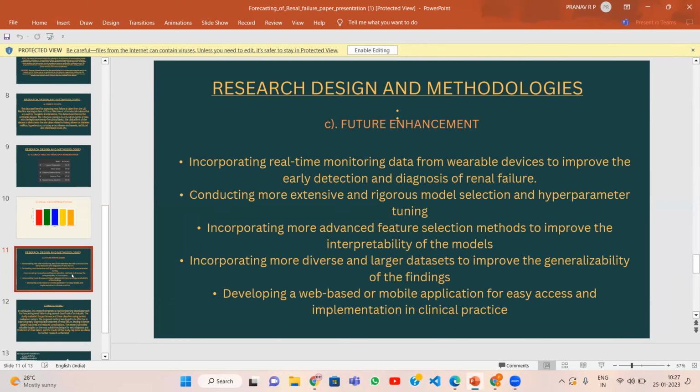For future enhancement, we can incorporate real monitoring data sets from wearable devices, meaning hardware installed on patients, so that accurate results are fetched as input attributes in real time to the model and we can predict well. This will be one of the future enhancements with the help of hardware. The second is rigorous model selection and hyperparameter tuning.